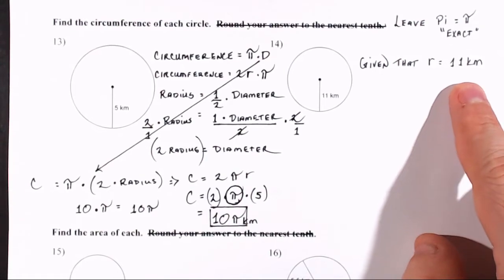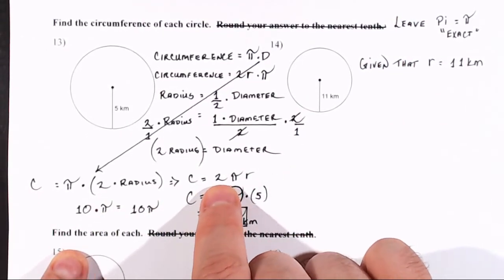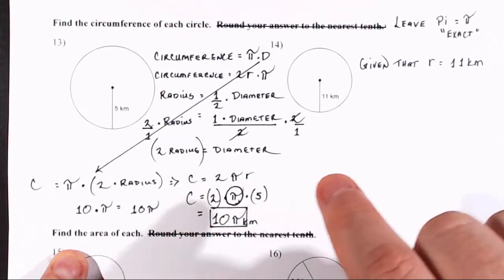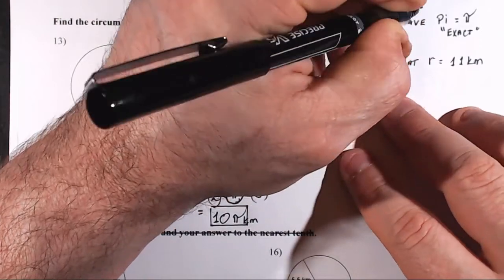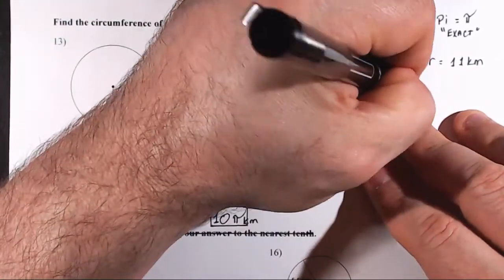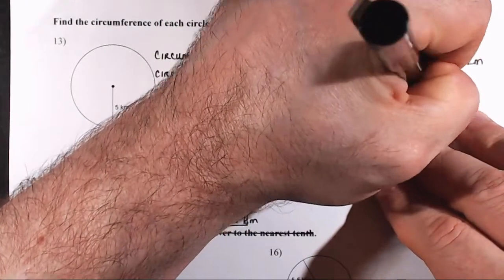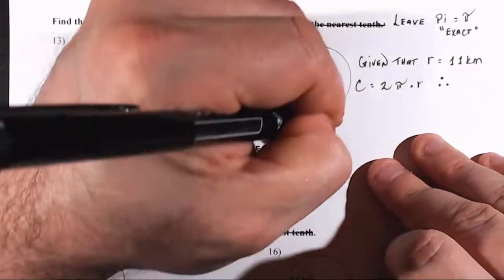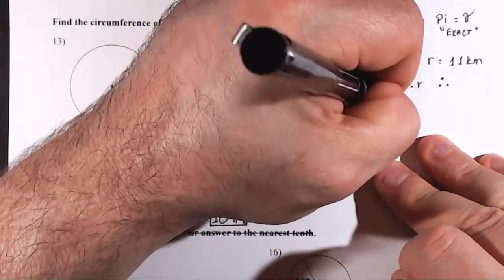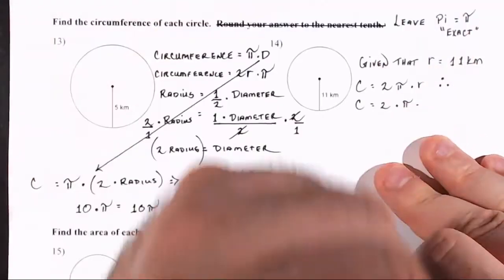We're given that the radius is 11 kilometers, and we know from our formula that circumference equals 2 times pi times r. Therefore, the circumference is equal to 2 times pi times 11.